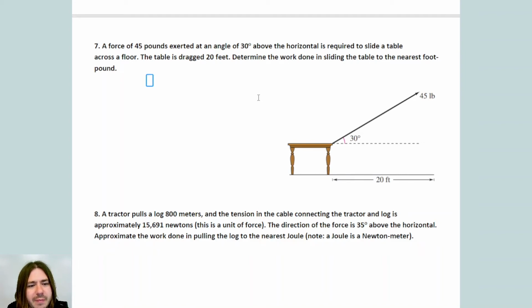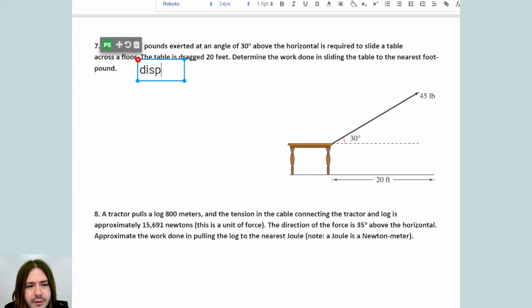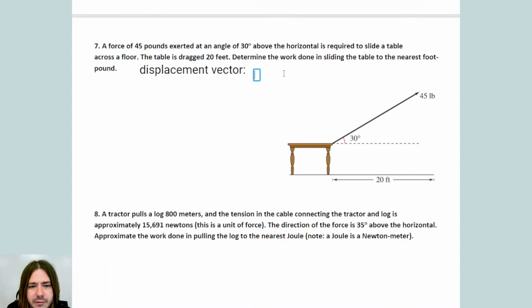I went through it in the lecture and went into more detail. Looking back at it, I feel like I made it more complicated than it really needed to be. But ultimately what you need to do is just multiply, or find the dot product of, the displacement vector and the force vector. Okay, so the displacement vector here is going to be this 20, 0, because we're dragging it 20 feet to the right.